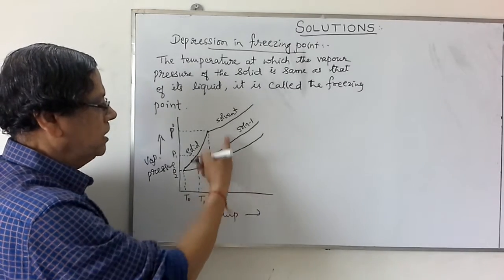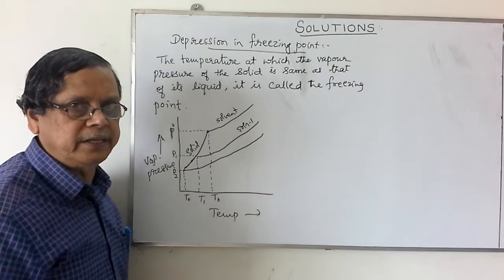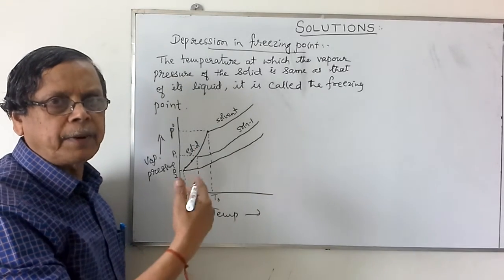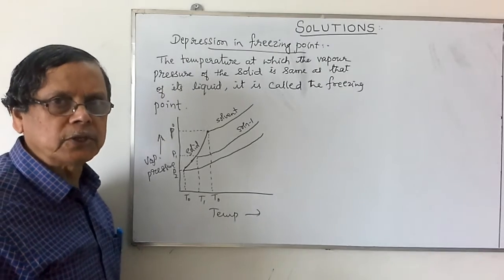For very dilute solutions, these curves appear to be straight lines. That's why we apply colligative properties only to dilute solutions.